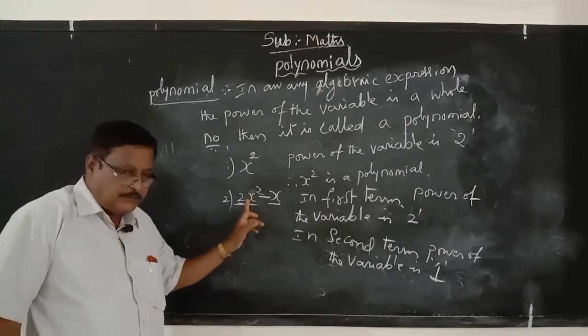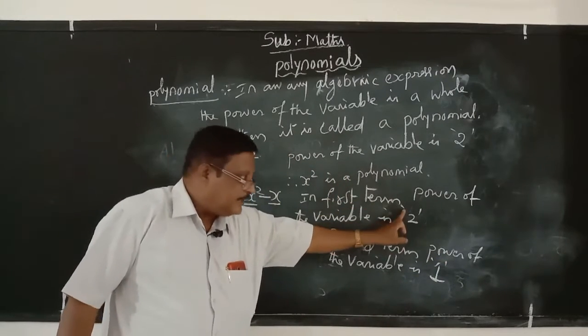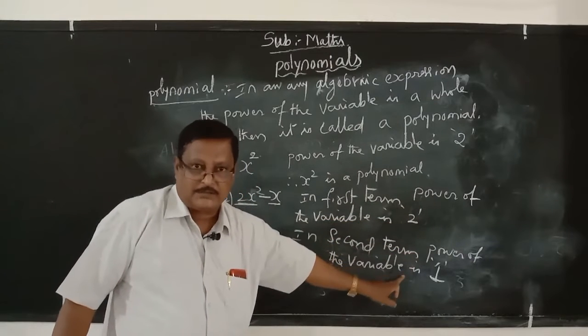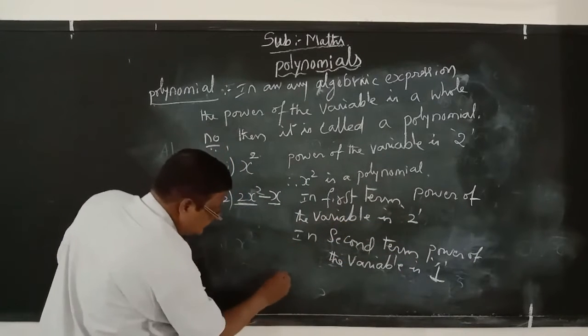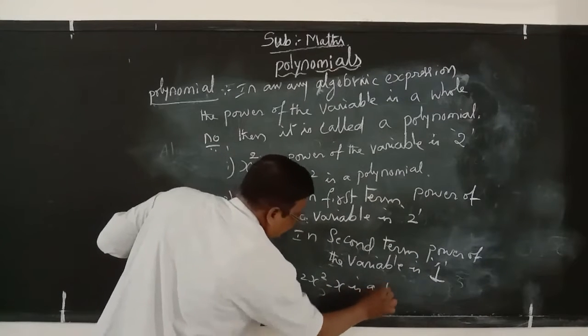It means in this polynomial the powers of the variables in each term are whole numbers. Therefore 2x square minus x is a polynomial.